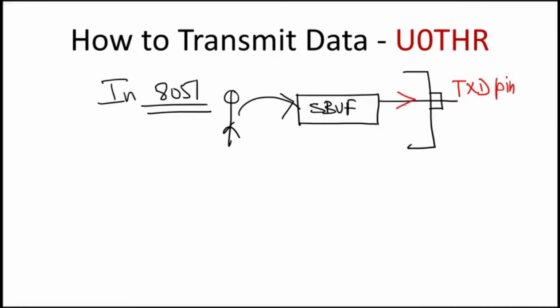Data flows out. On reception, when somebody is giving you data, it comes into the same SBUF and goes back to the user. So this is only one register which we play with for both transmission and reception.